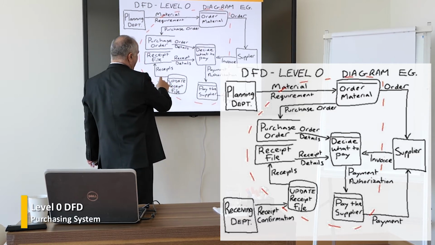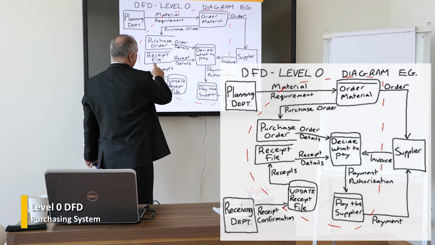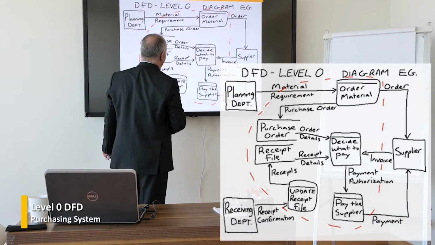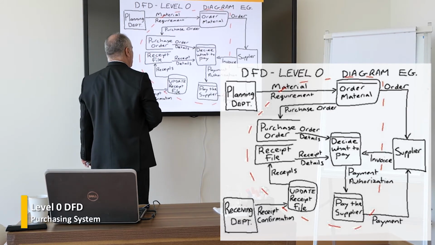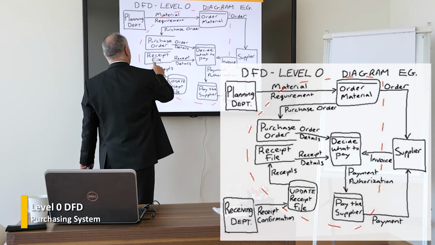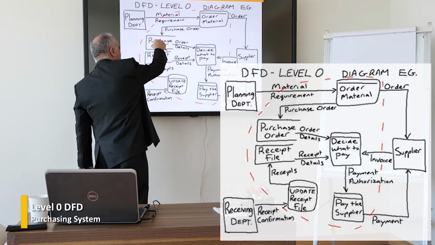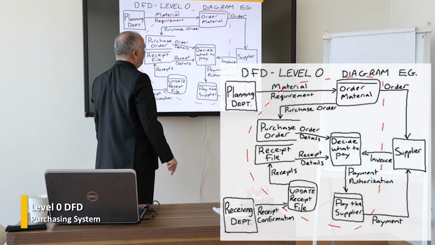In this case, it will receive what? It will receive the file. What are the quantities received? So the process will write what are the materials received. So we have another file. We have the order and we have the received.